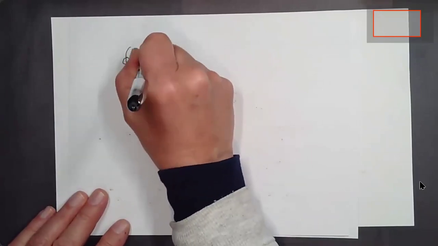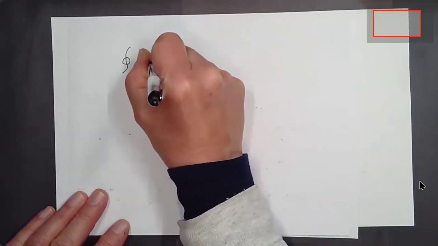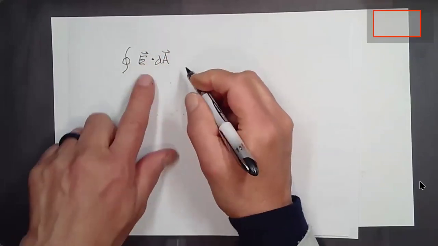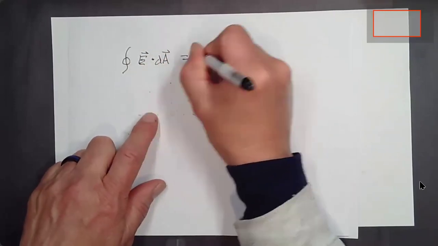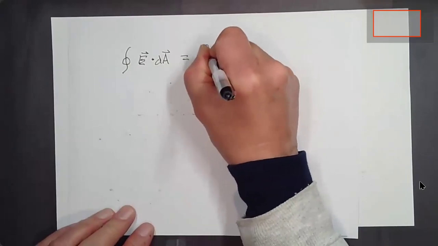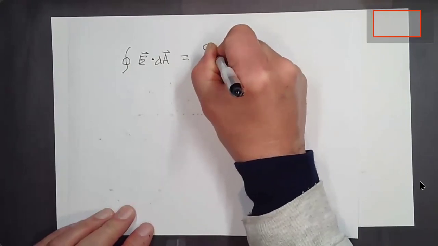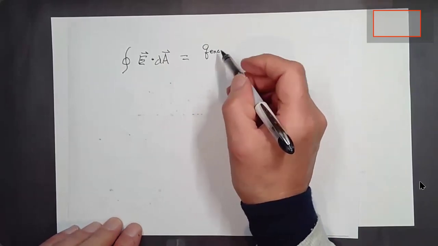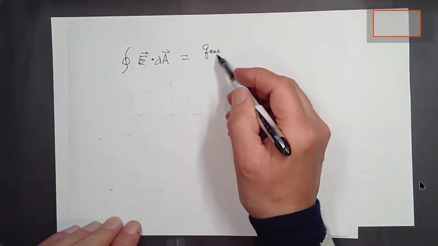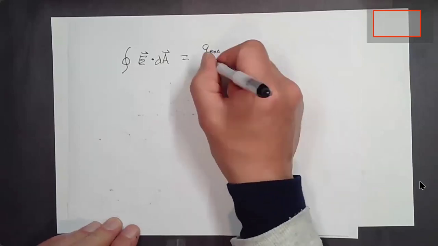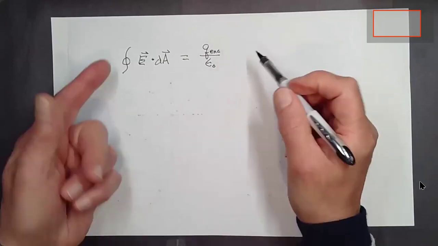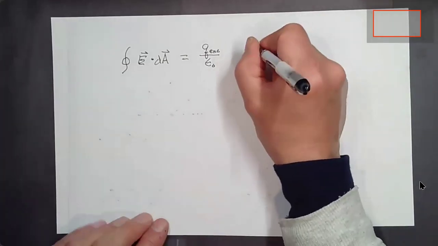The integral of E dot dA over the entire surface is equal to Q, and sometimes you see an ENC as a subscript on that, which means the charge enclosed by the surface, divided by epsilon naught. And that's Gauss's law.